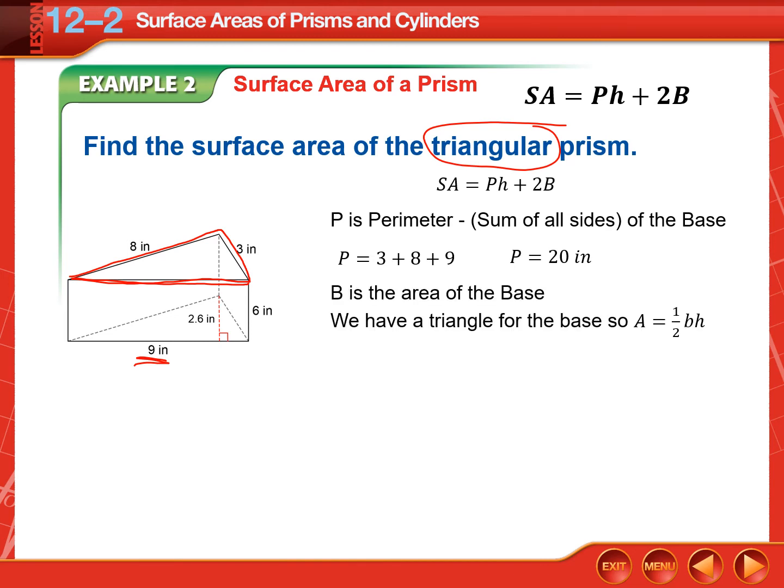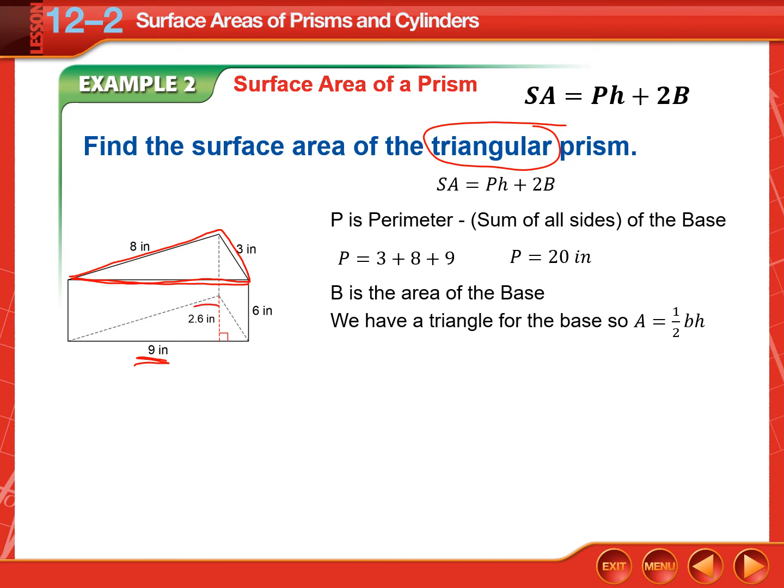Let's talk about the area of the base. So I still got to stick with that triangle. But the area of a triangle is 1/2 base times height. Well, let's look just at the numbers of the triangle. So we know we have 8, 3, 9. What is that right here? That 2.6 inch. Remember, the height of a triangle must be perpendicular or make a right angle with the base.